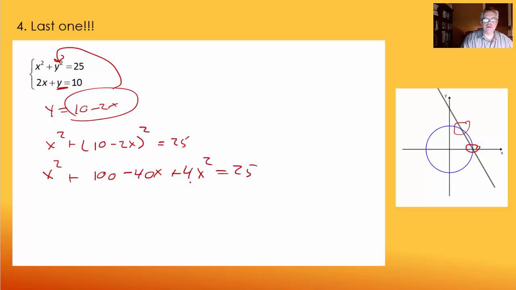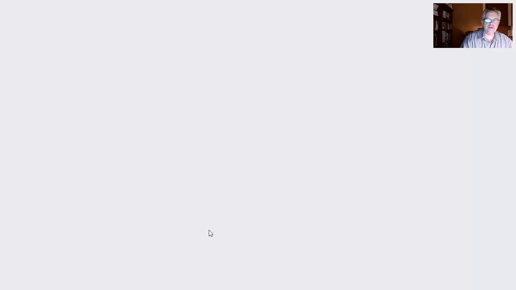All right, well, 4x squared and x squared is 5x squared. We have a minus 40x. I'm putting it in standard form. 100 minus 25 would be, if I move that over, would be plus 75 equals 0. Let me see, divide everything by 5. I have x squared minus 8x plus 15 equals 0.